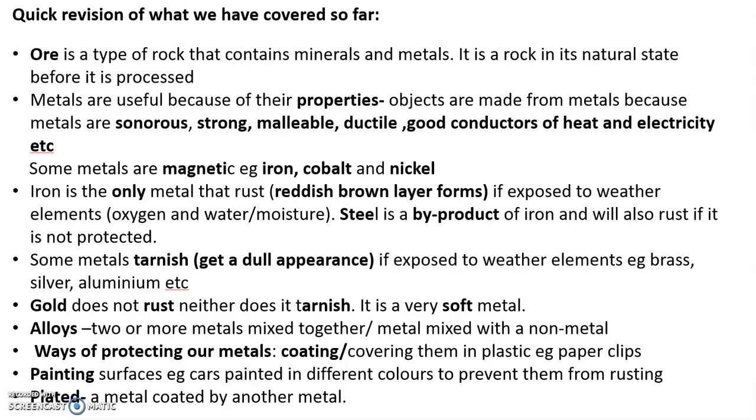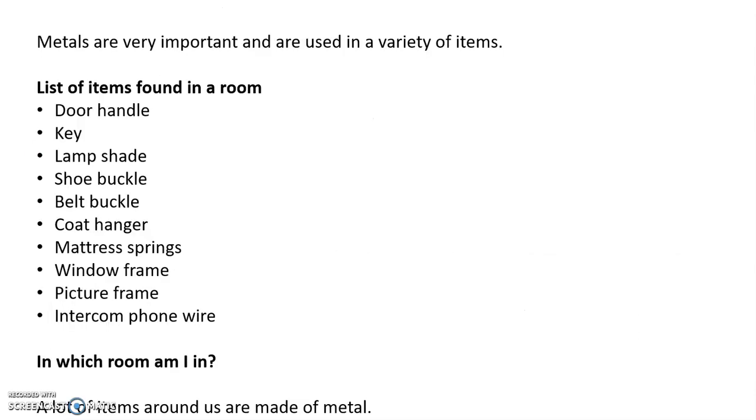So today's lesson, like I said, is going to be on uses of metal, and I'm going to list quite a number of items that I see in this room, and you're going to tell me which room I'm in. Okay, so metals are very important, and they are used in a variety of items.